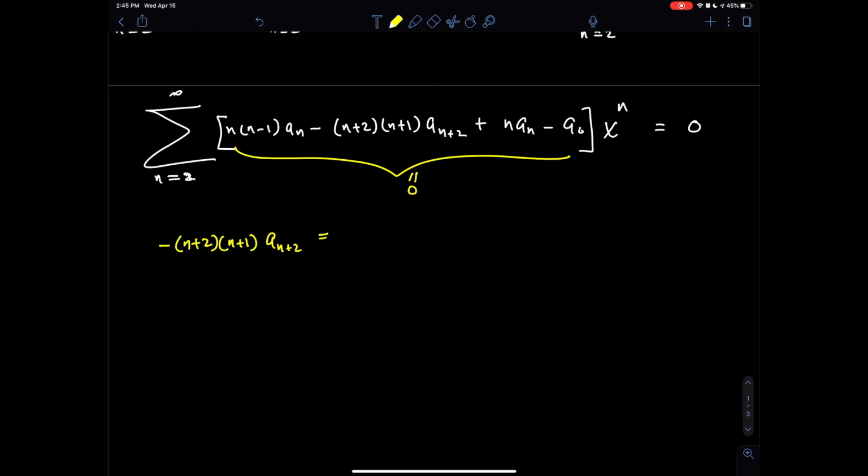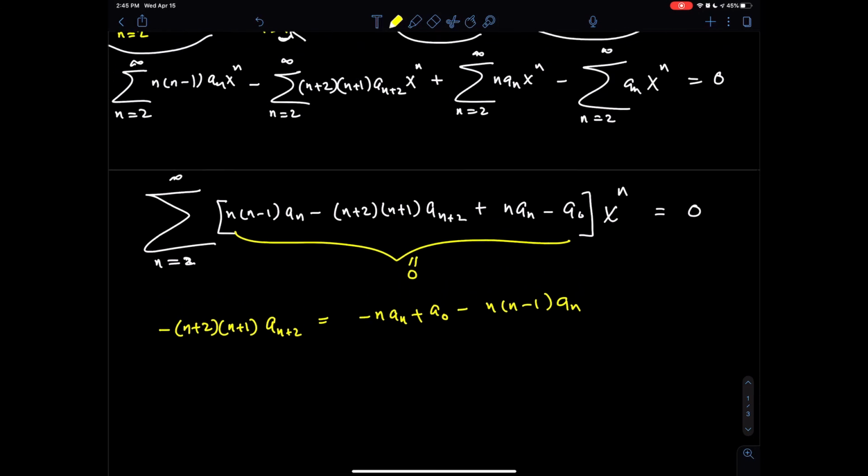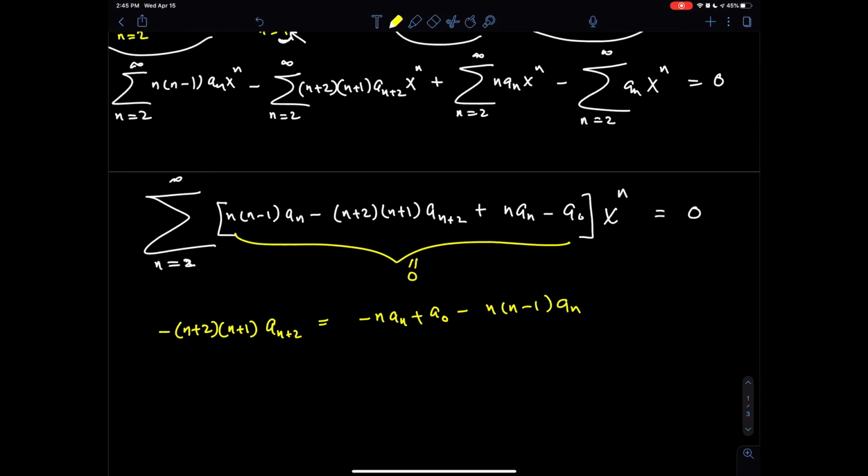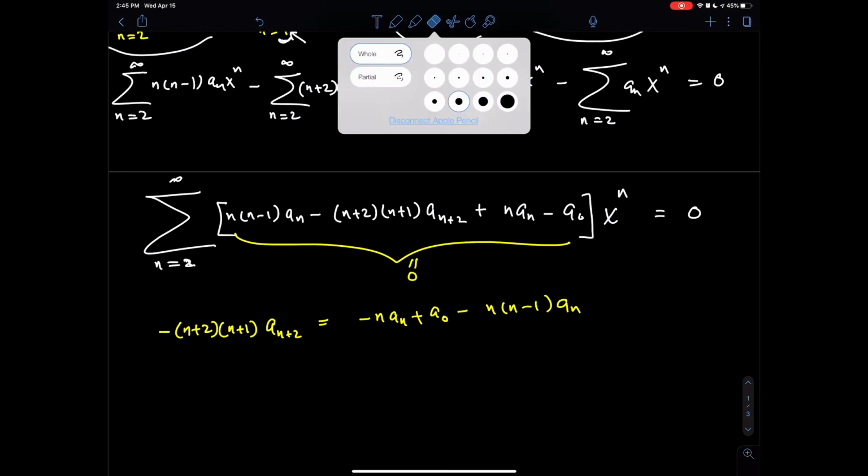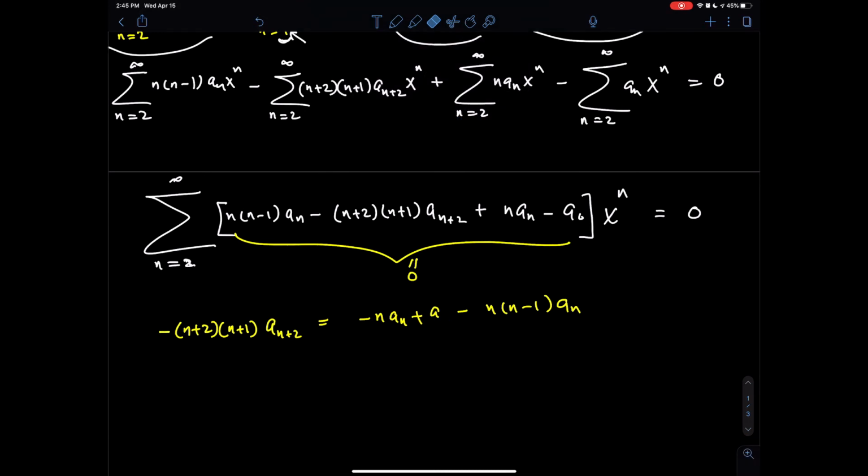Since all that has to be equal to 0, I have minus n plus a n minus n times n minus 1 an. Sorry, that's an.